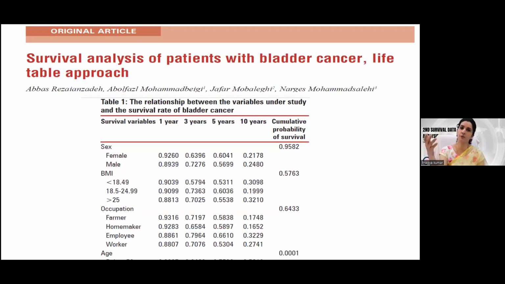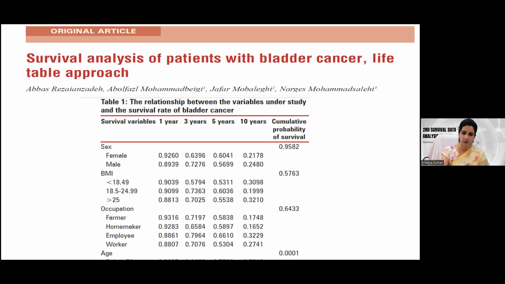Or you can use Jamovi and give the hazard ratio, which is more interpretable, because in these articles also you will see that later they are using the Cox regression proportional hazard method. They have given the adjusted hazard, because right now it is only the hazard for each interval in the life table. So the life table, I said in the beginning, is not a very popular way of doing this survival analysis in health. Most of the time you will see it is the Kaplan-Meier and the Cox proportional hazard.